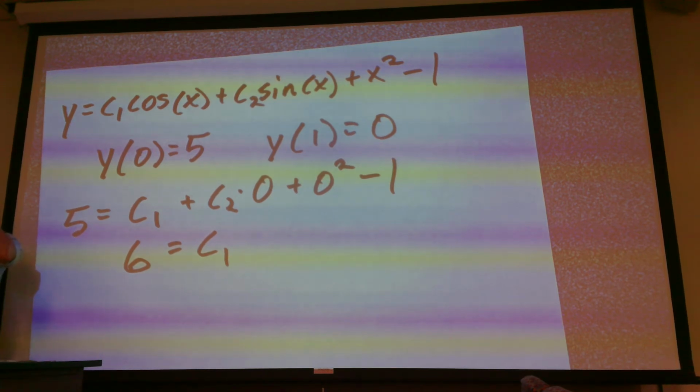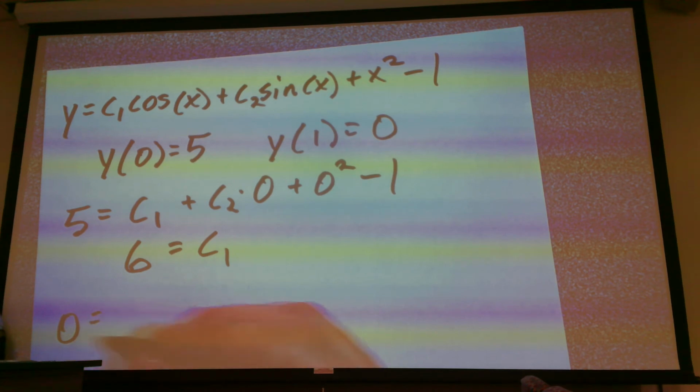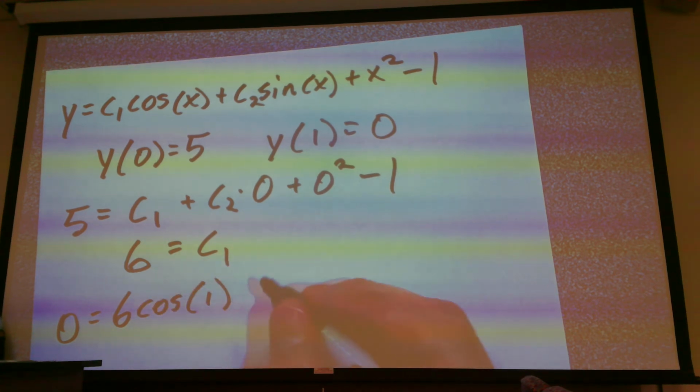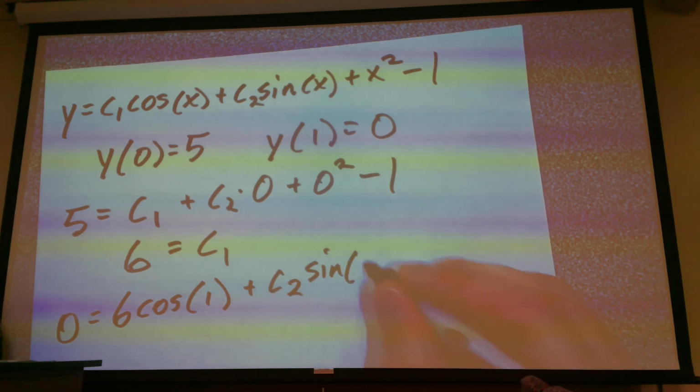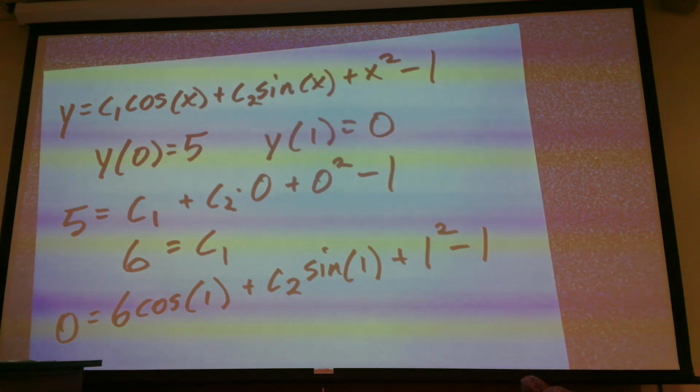Okay. All right, the next one's going to be a little bit trickier. So y of 1 is going to equal 0. So 0 is going to equal, well, we already know what c1 is. c1 is 6. And so that would be 6 cosine of 1 plus c2 sine of 1, plus now 1 squared minus 1.